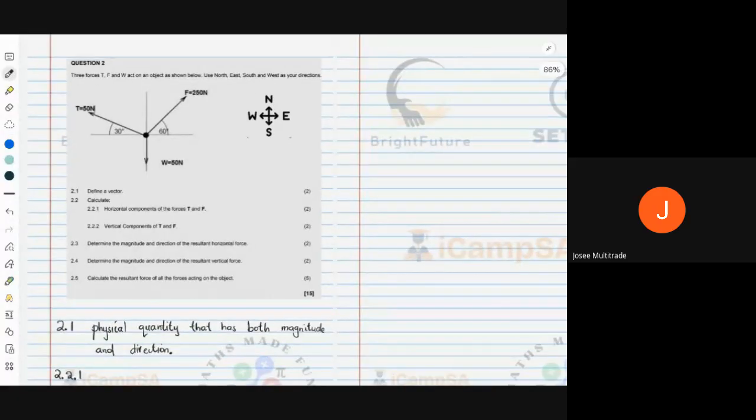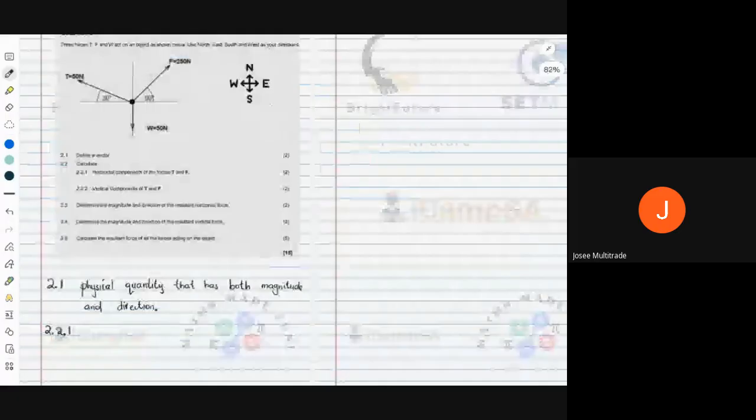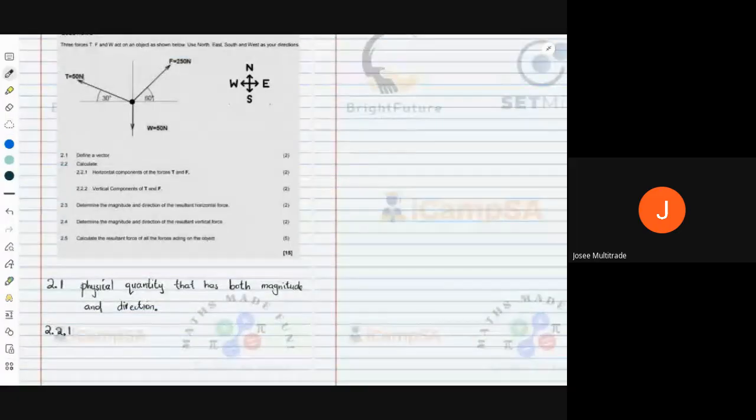Just tell me how we would find Fx, for instance. I want to see how much you guys understand with this one. So how would we find Fx? Remember, if this vector is like this, it'll have a component in the y. This is F. This is our Fy, because it's in the y direction.